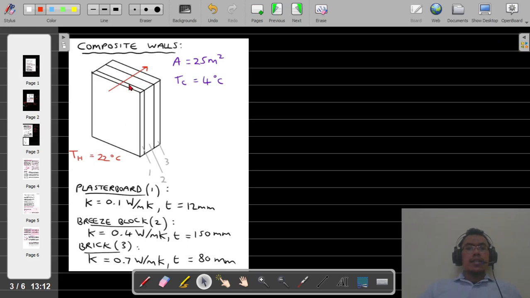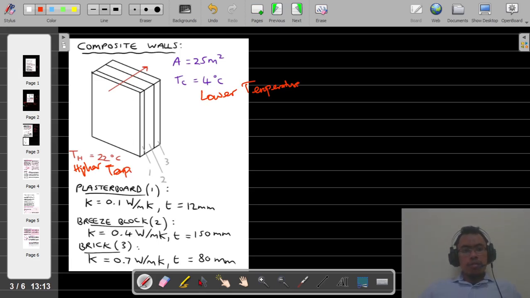And I think this is logical, because heat transfer moves from higher temperature to lower temperature. So this is the higher temperature.